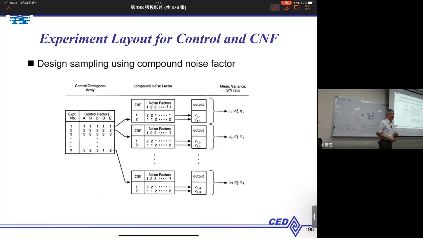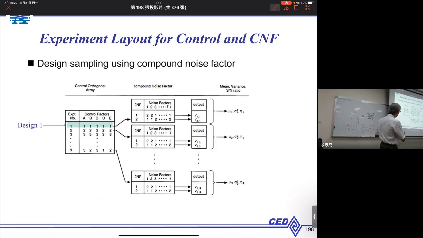So how do we use compound noise factors in the experimental design? The compound noise factor is a method of sampling in which we only use 2 or 3 samples for each design. Like this one, for the cantilever beam, we are using the compound noise factor to have 2 compound noise levels.